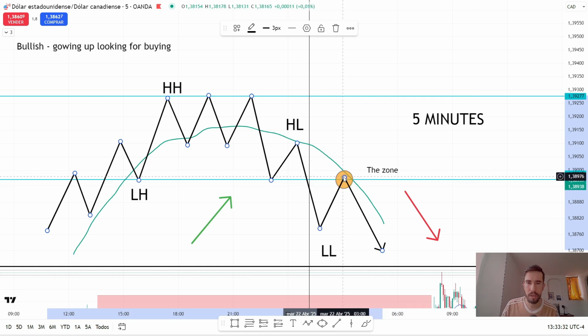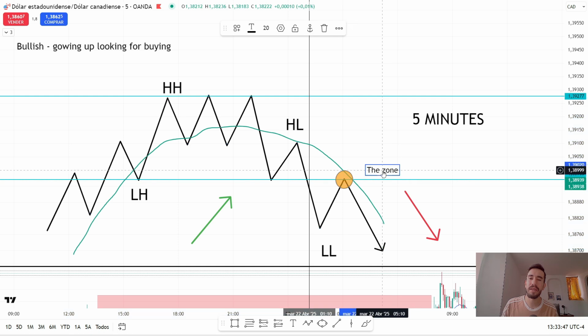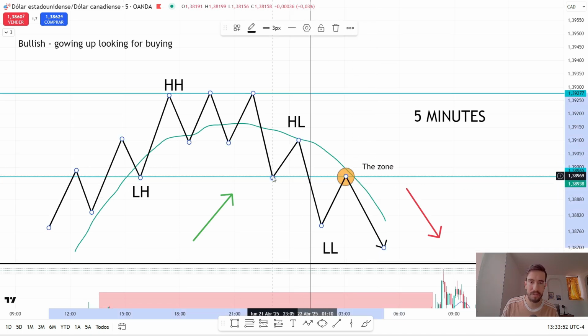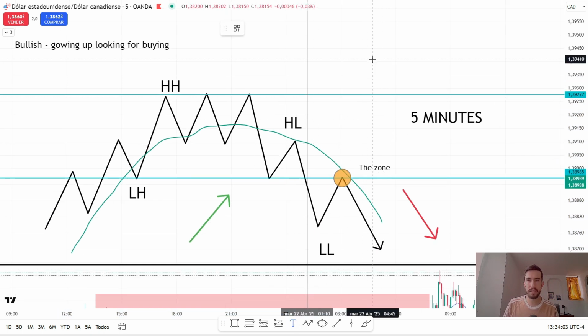Okay, so if you have the higher low, lower low, because it already broke below the lower high, it's making a change of structure. It was going up, now it's going down. Once it makes the comeback, and this zone matches the last structure point, and the moving averages start going down as well, you have many confirmations.